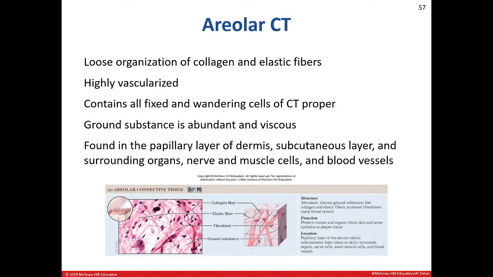All right, there's space in between the cells and the protein fibers. So this is loose areolar connective tissue. And it's found in the papillary layer of the dermis, so the top layer of the dermis, part of the skin we'll talk about, as well as the subcutaneous layer and surrounding organs, nerve and muscle cells, and blood cells.